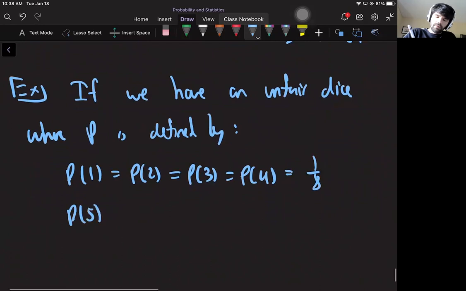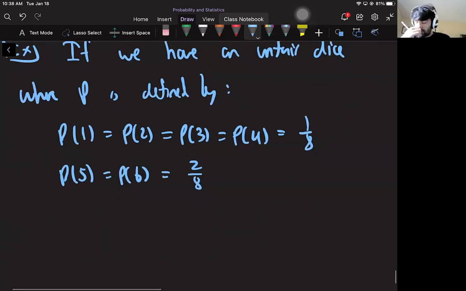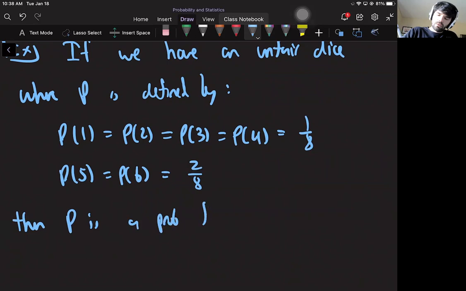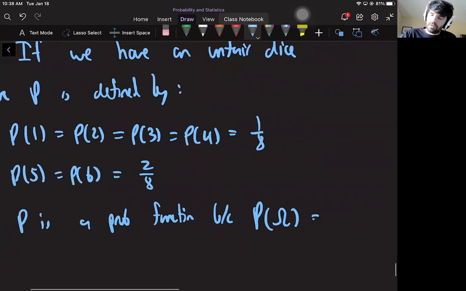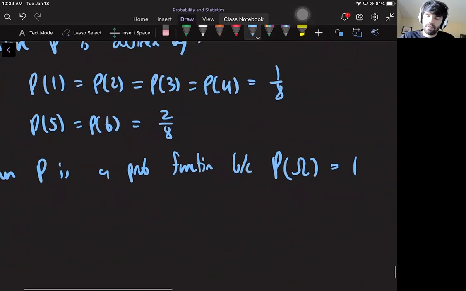And probability of rolling a 5 and probability of rolling a 6 will be the same, and those will be 2/8. So this is a probability function, because now these probabilities do add up to 1. If you do 1/8 plus 1/8 plus 1/8 plus 1/8 plus 2/8 plus 2/8, that will be 1.